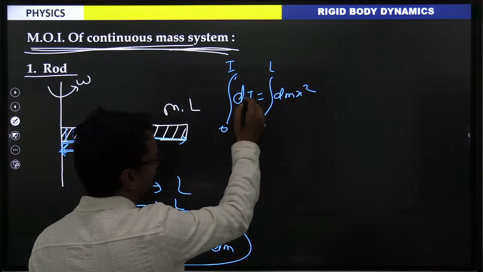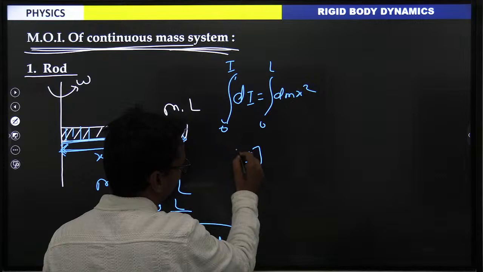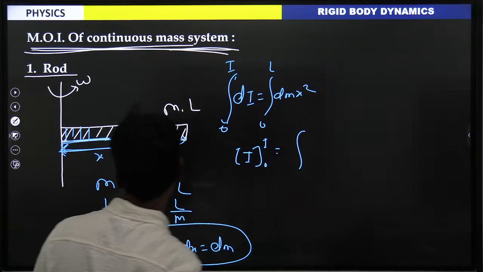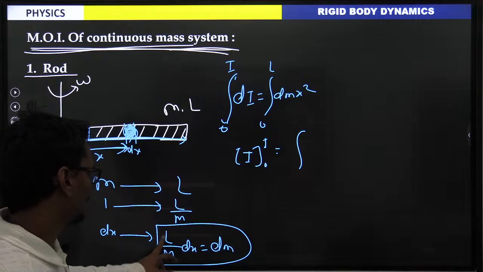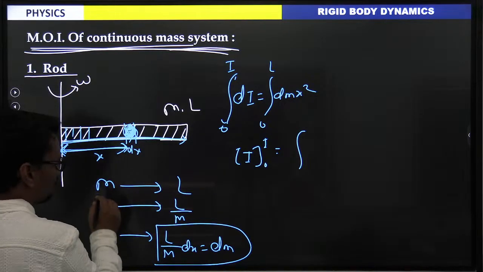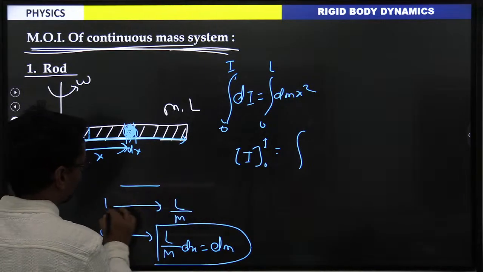Now we can do the integration. The moment of inertia, integral of dI, is I from 0 to L, and here we can put the value of dm. What is the value of dm? No, sorry, we have made some mistake here.